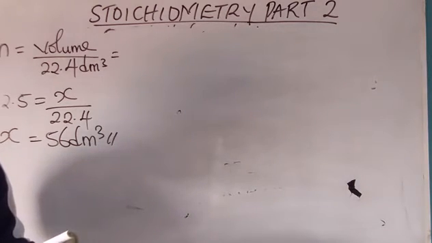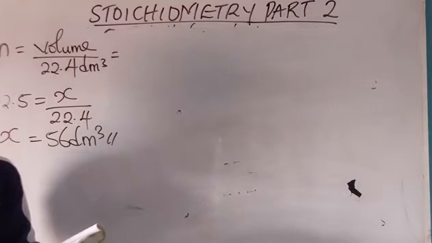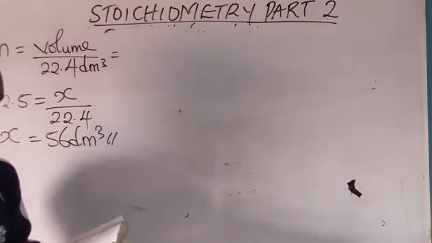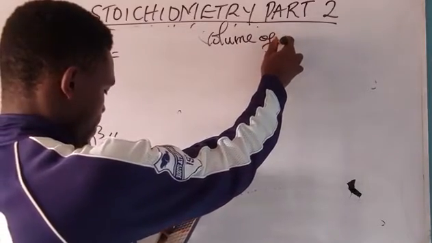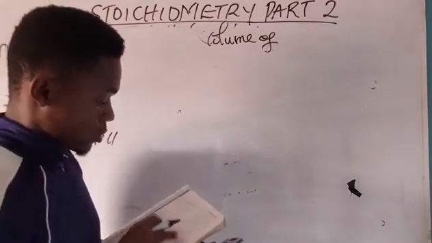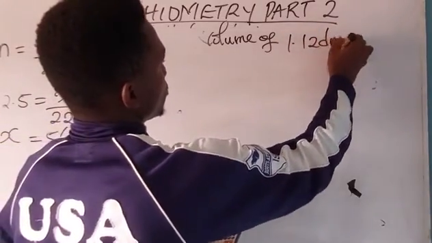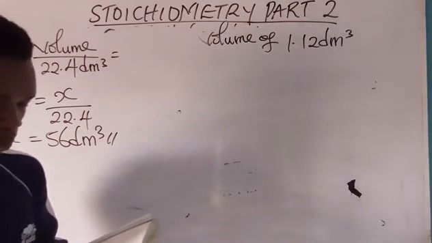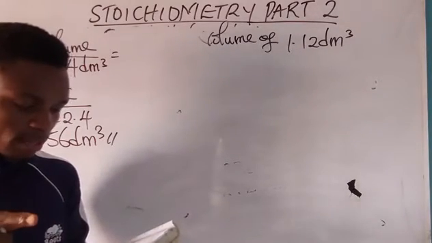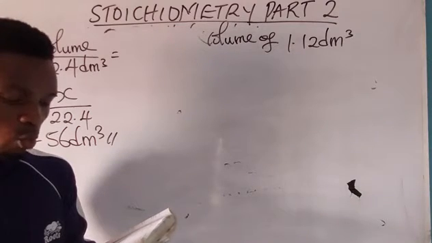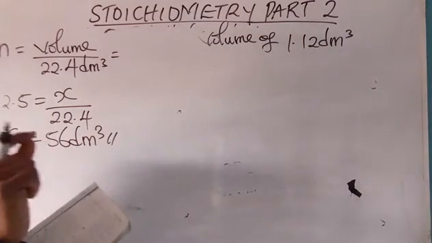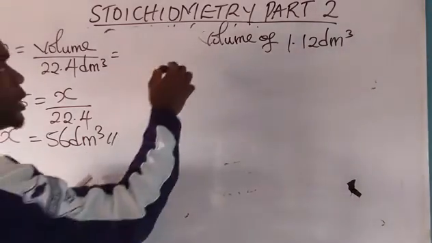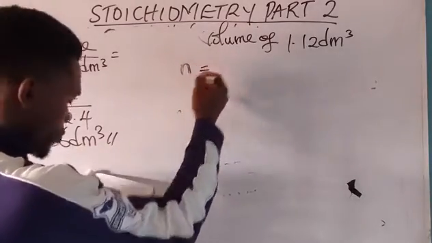The next one says calculate the mass of chlorine gas which occupies a volume of 1.12 dm cube at STP. STP, standard temperature and pressure.